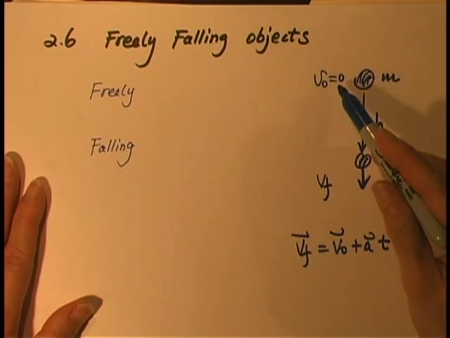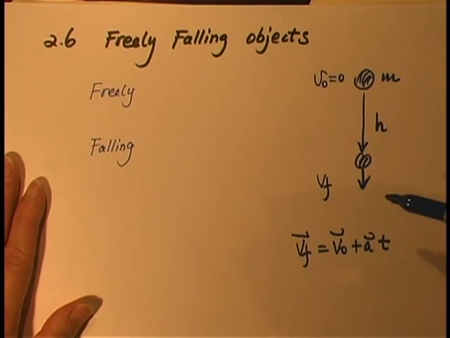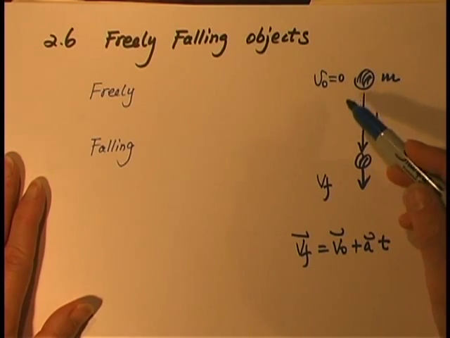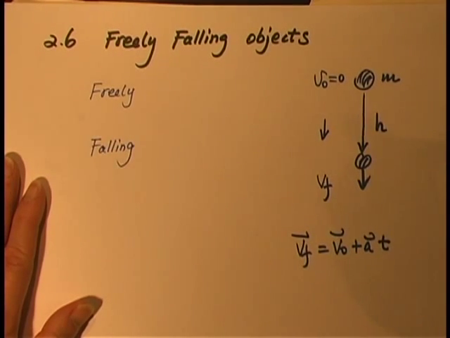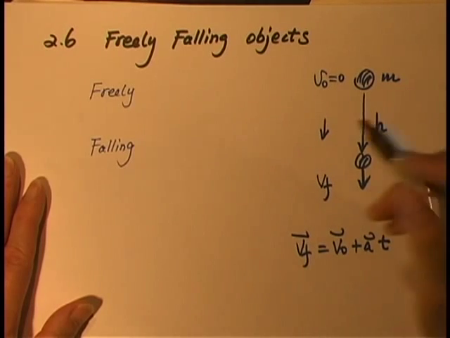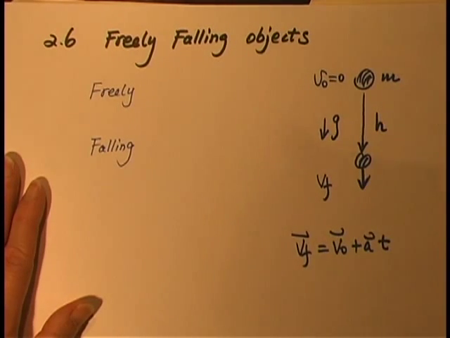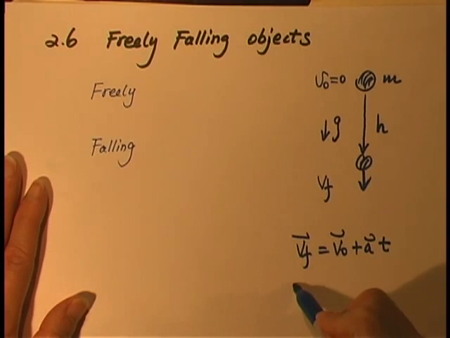So if initial is 0 and final v is something, which means you do have an acceleration because you pick up speed. Obviously this time the acceleration is down, and that special acceleration we give the symbol g because it's called gravitational acceleration.